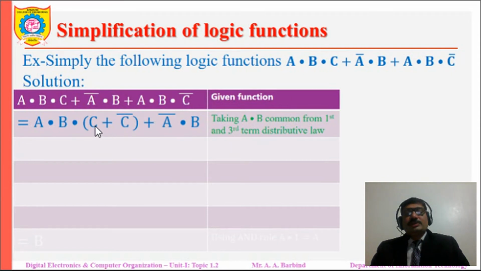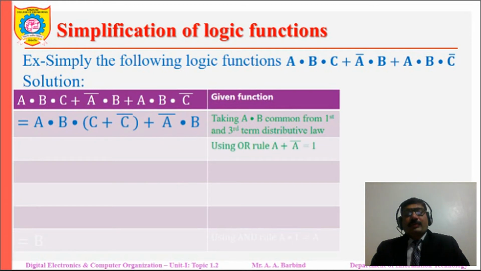So it will be c or c bar. So this is how we are writing the first and third term by taking a and b common. Then or a bar and b, second term is written as it is.